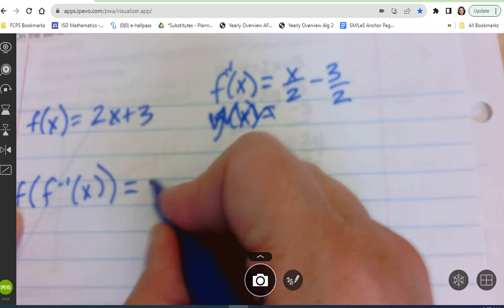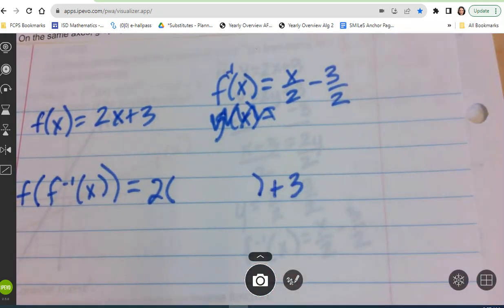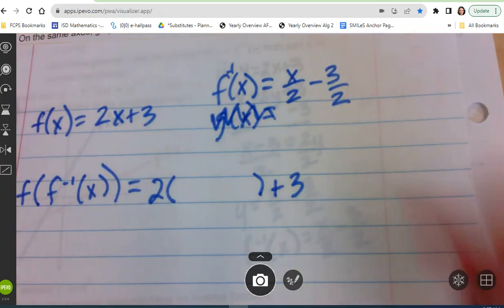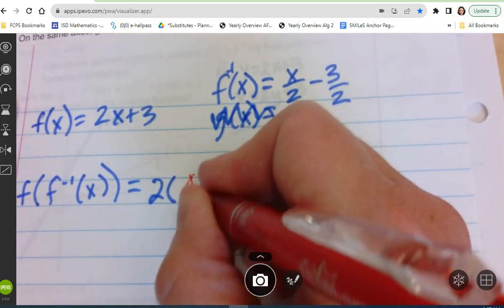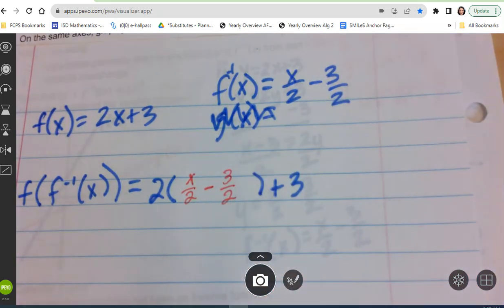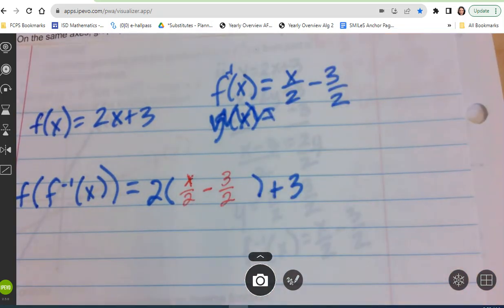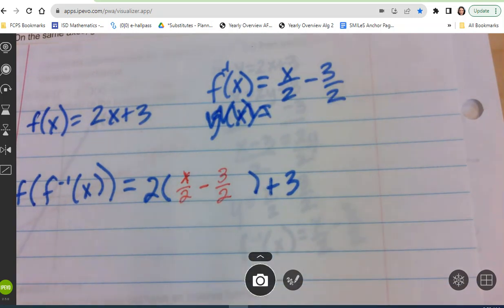Start with your outside function and replace the x with a set of parentheses. Then put your inside function in the parentheses. We're putting a function into a function. You got that? Right, at least. And now I'm just going to distribute.